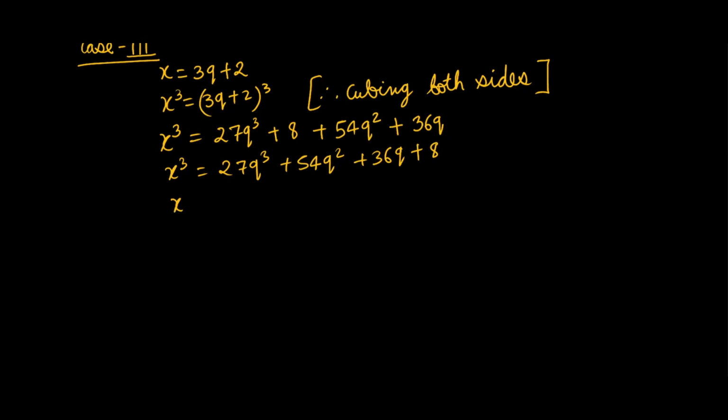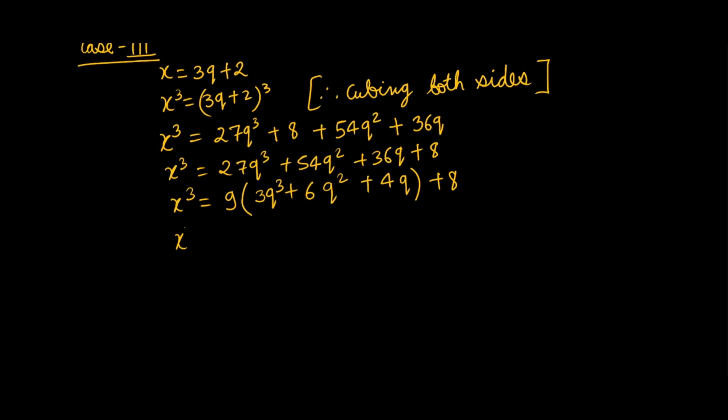So we will again take common. x cube is equal to... 36 is not common. Here 9 is common. So 9 will be common. 9 3s are 27, so 3q cube plus 9 6s are 54, 6q square, plus 9 4s are 36, 4q, plus 8.